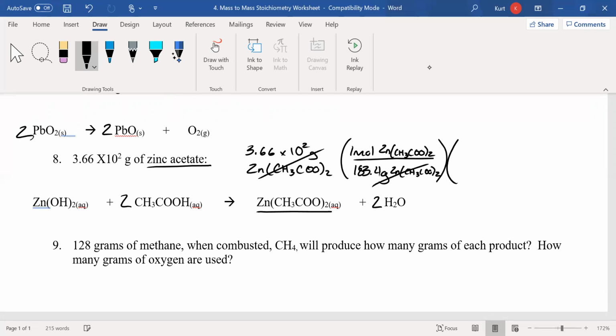Okay. Now we need to look at the molar ratio. According to the equation, there's 1 mole of ZnCH3COO2 under 1 mole of zinc hydroxide. Ooh.